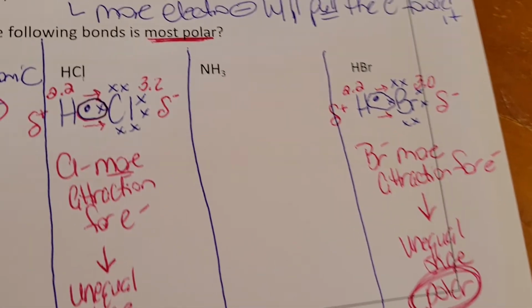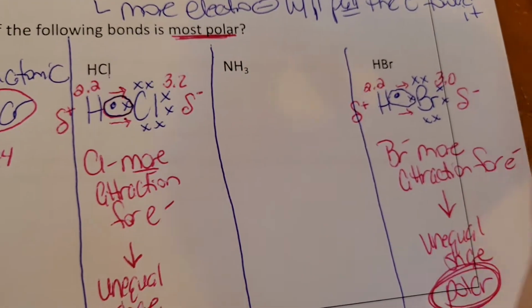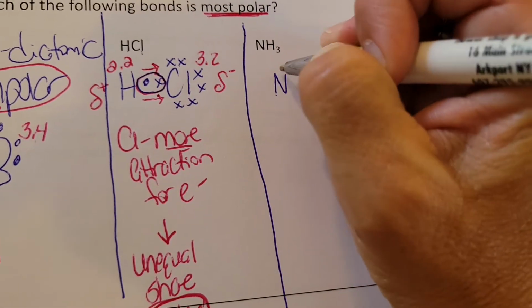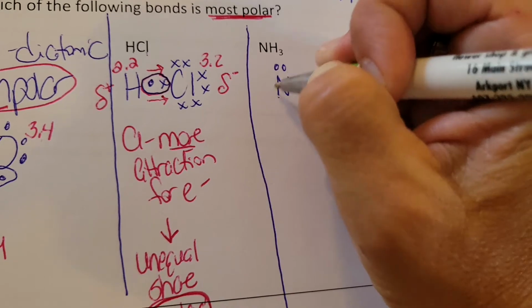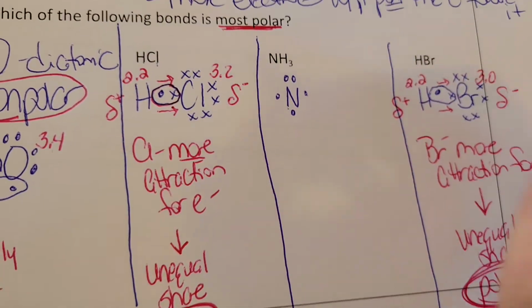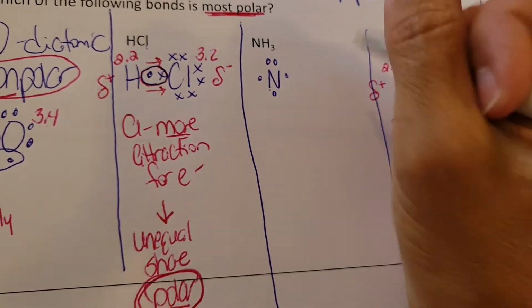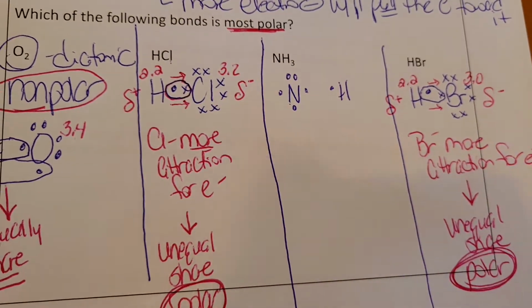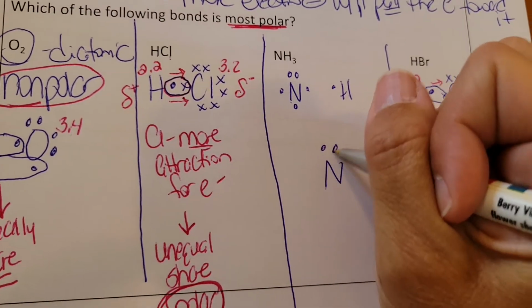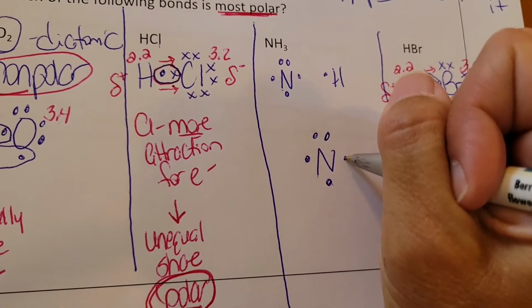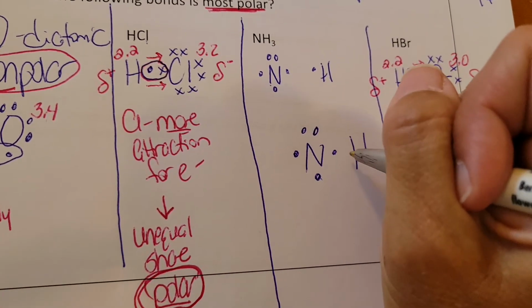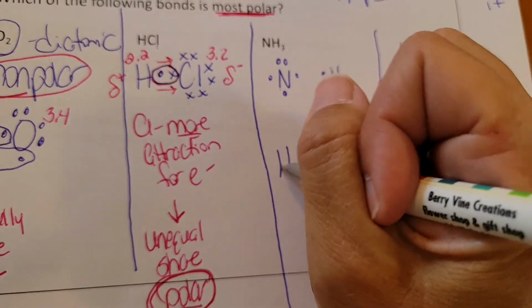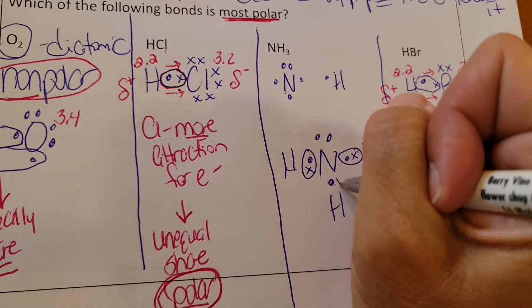All right, and then the last one, we have NH3. So nitrogen is 5, and hydrogen has 1. So I'm going to go ahead and draw it bigger down here. 1, 2, 3, 4, 5. So we have 1 hydrogen here, 1 hydrogen here, and 1 hydrogen here.